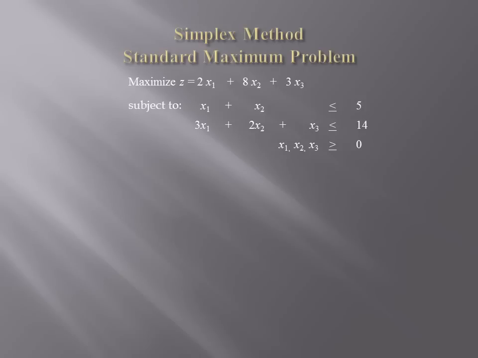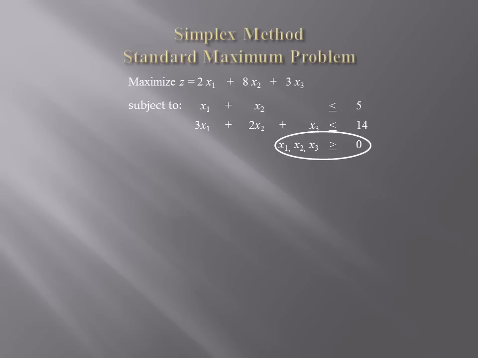In every linear programming problem that we will be discussing, all the x variables are assumed to be greater than or equal to 0. The type of linear programming problem that we first solve is called a standard maximum problem. What makes it maximum is that we are maximizing z.